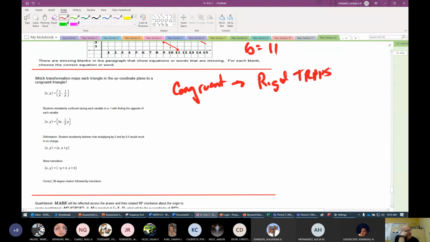And our rigid transformations, we have translations, which all these appear to be.